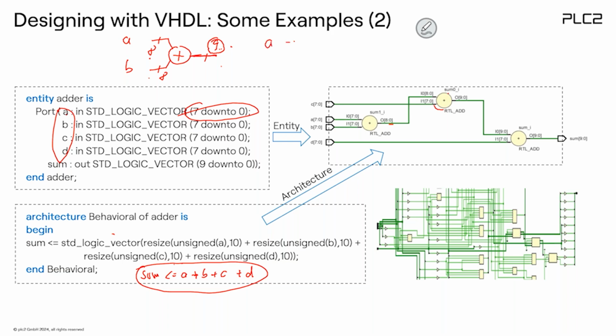You take A, let's say, keep this with 8, but then you take B and extend it, maybe with a 0 extend or sign extend, with 1 bit. This gives 9-bit, and now do the add, and now we get a 9-bit. This function is called resize. So what I'm doing here, I just take this signal and do the resize, because now I have this structure. This means this is 8 and this is 8. Because this is 8, this must be 9.